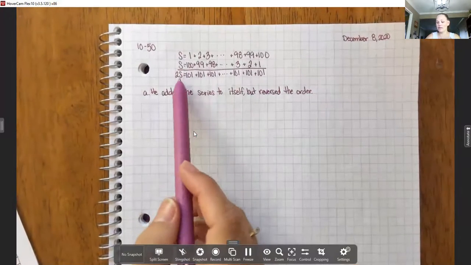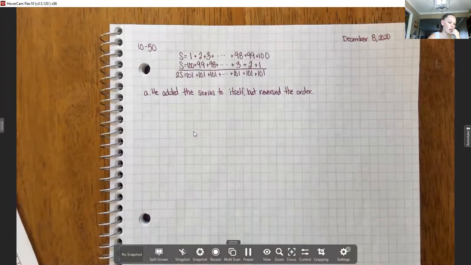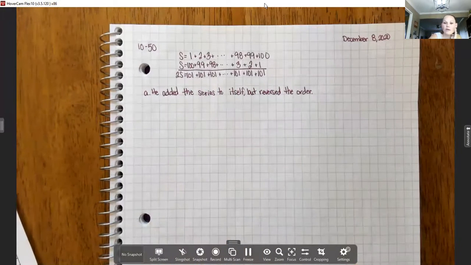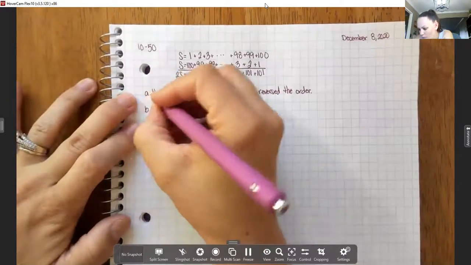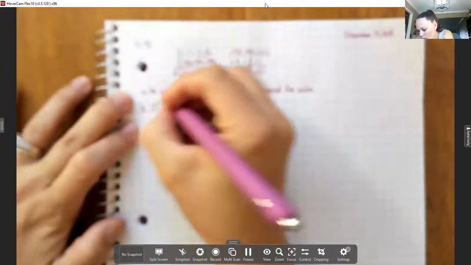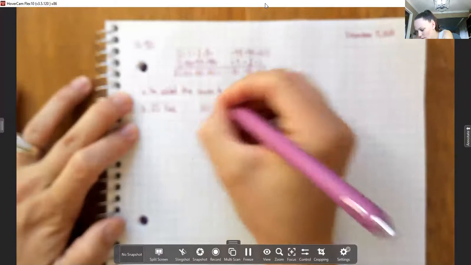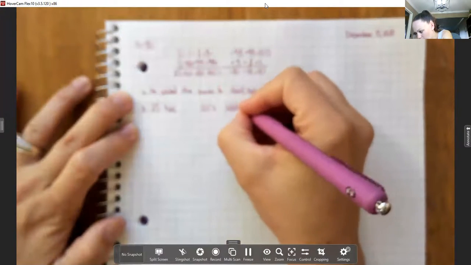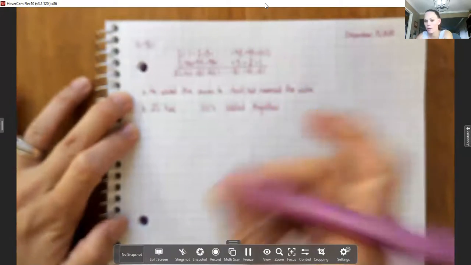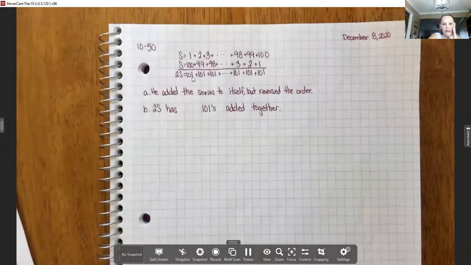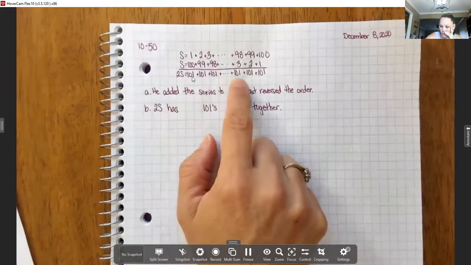So when he added these together, how many 101s is he adding together? That's a question. You can type it in the chat. So 2S has how many 101s added together? So down here, 101, 101, 101 plus dot, dot, dot, 101, 101, 101.